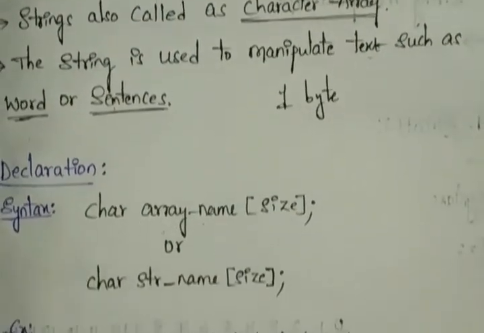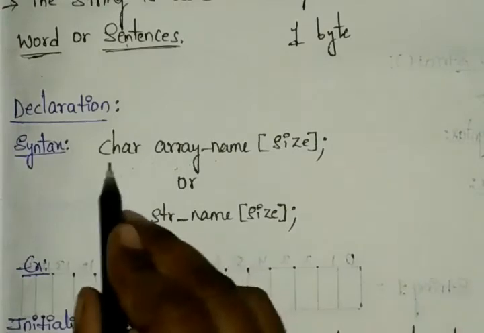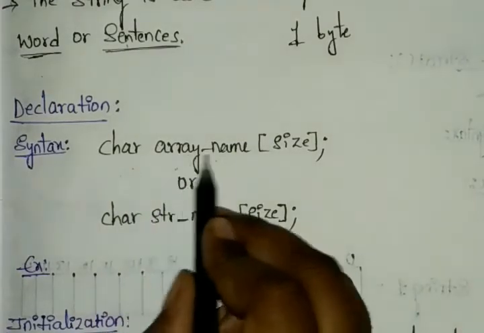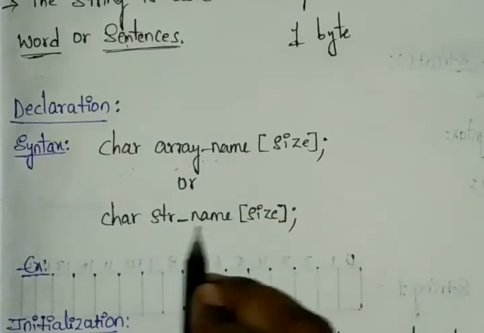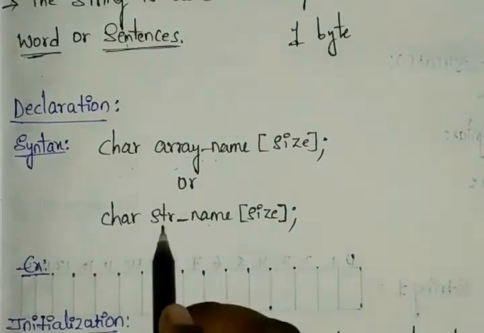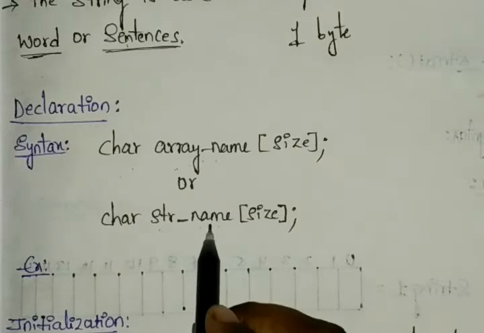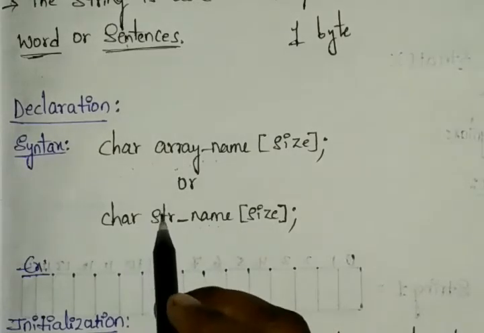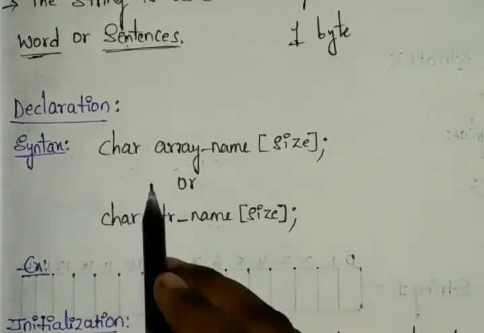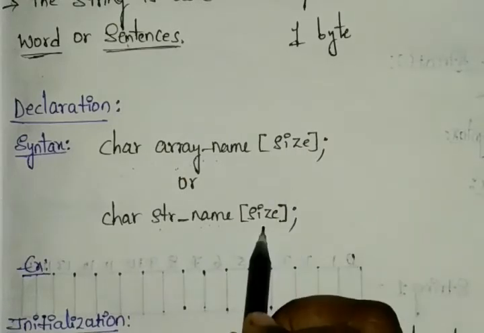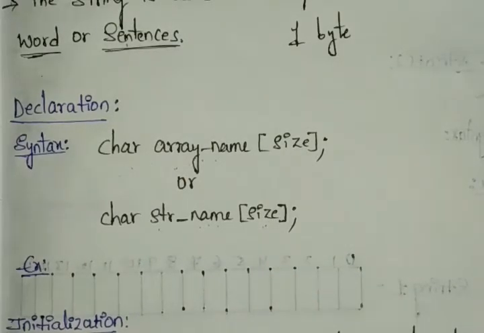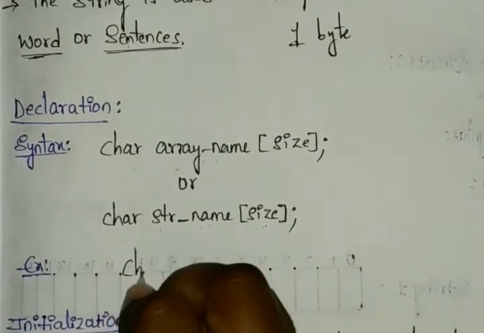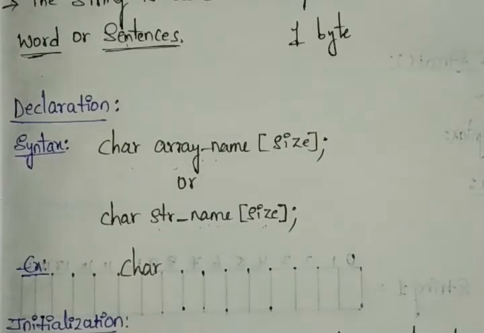In the declaration format, character is the data type, and then the array name, or instead of the array name you can write the string name directly. Before that you have to give the data type, that is character. Next you write the size, which means the array size. Whatever string name you need, you can choose.